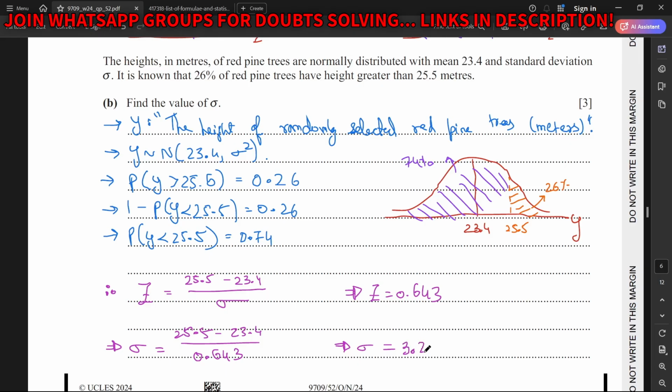So 3.27, correct to 3 decimal places, is the standard deviation, and that is the final answer for this part.